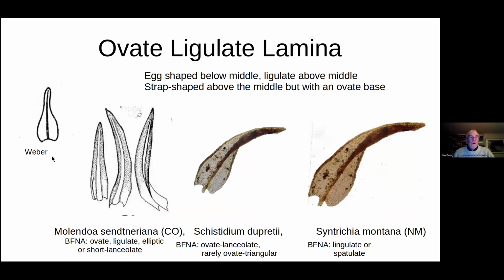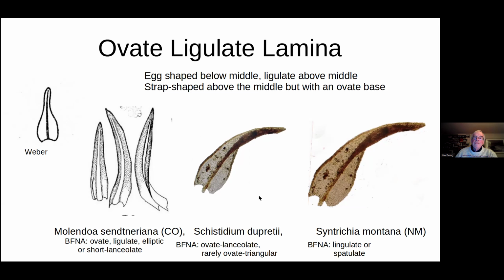And then another one which appeared in Weber but did not appear in the Flora of New Mexico is ovate ligulate, defined as being egg-shaped below the middle and ligulate above the middle, so that the sides are parallel up here, but it's egg-shaped down in the bottom, an ovate base.